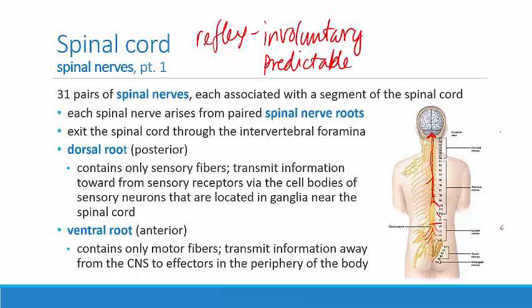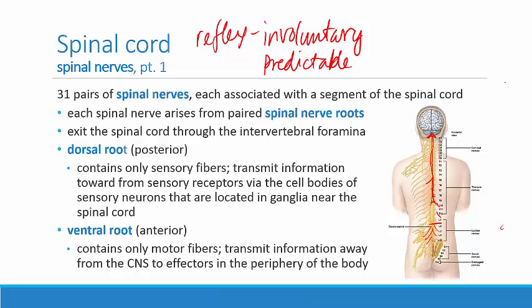Okay, so the dorsal root, that is again posterior, has only sensory fibers, and there's a dorsal root ganglion right near the dorsal root. That is where the cell bodies are for these sensory neurons that are bringing information into the spinal cord.